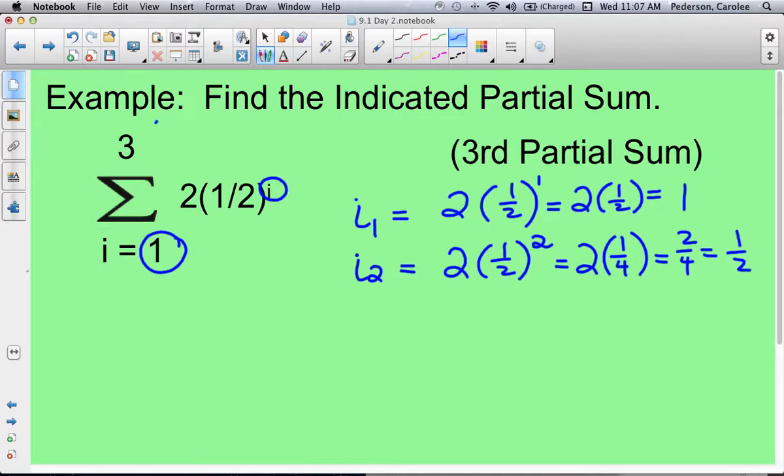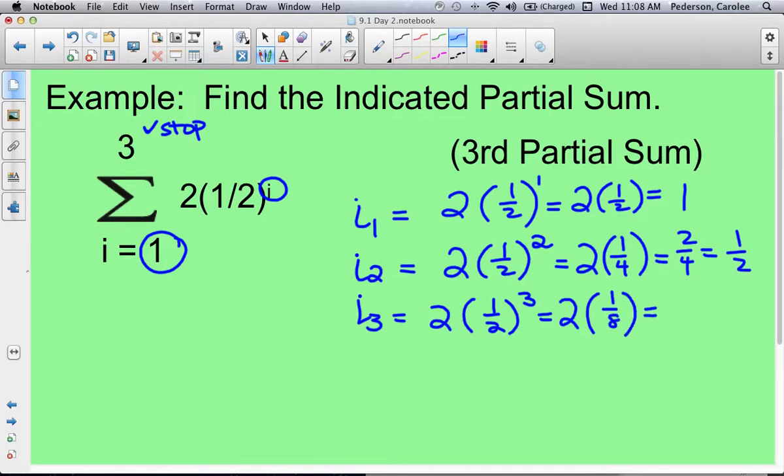Last term, remember this is where we stop, that top number. So I sub 3 equals 2 times 1/2 cubed. So 2, 1/2 times 1/2 times 1/2 is the same thing as 1/2 to the third power. This is 1/8.